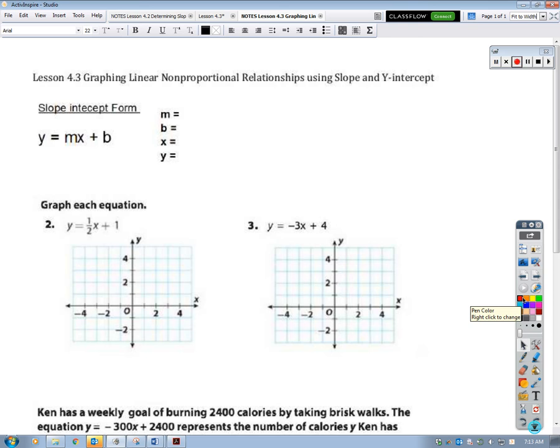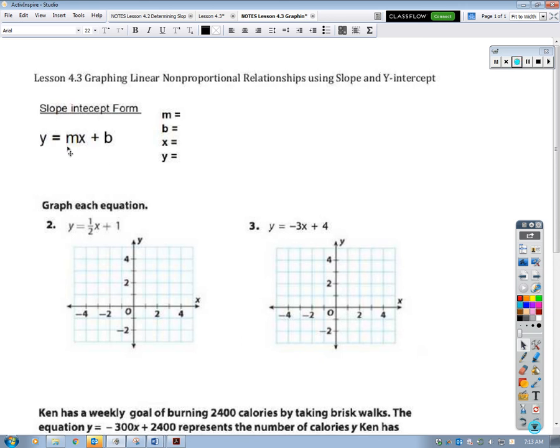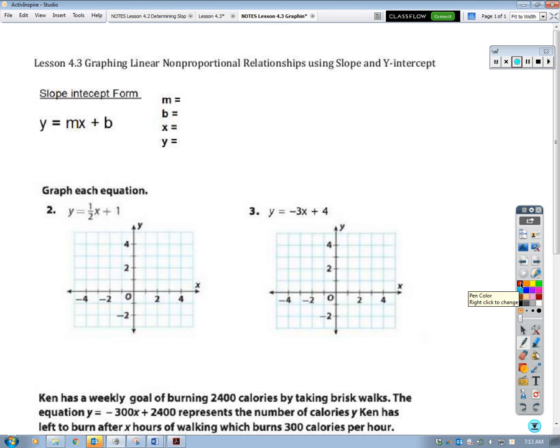So just quick review here, we are talking about slope-intercept form, and that is y equals mx plus b, where m is my slope, which is our rise over run, so our vertical change over our horizontal change, and you can think of this as your change in y values over your change in x values.